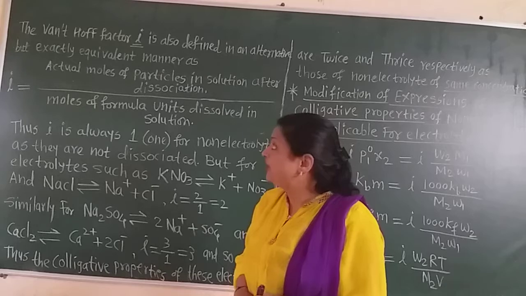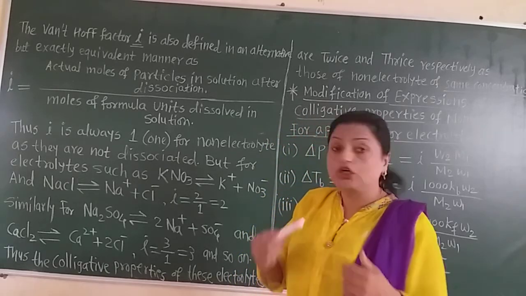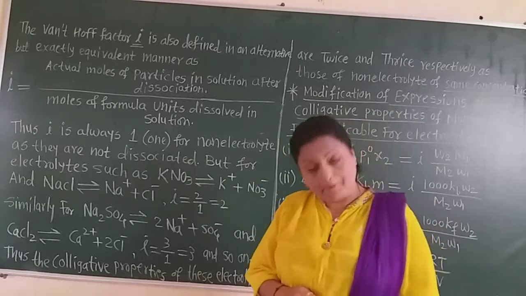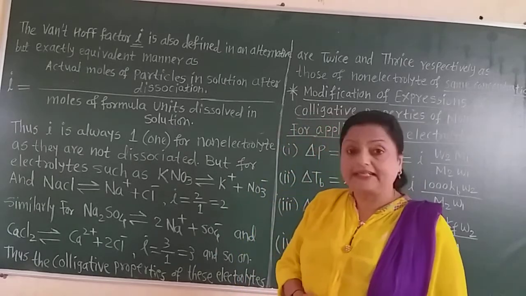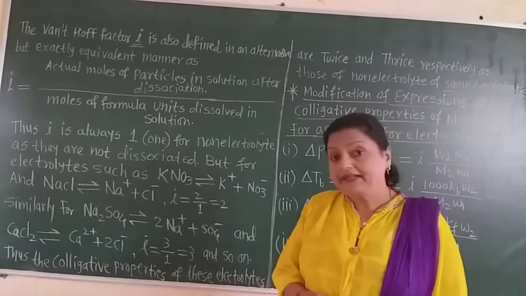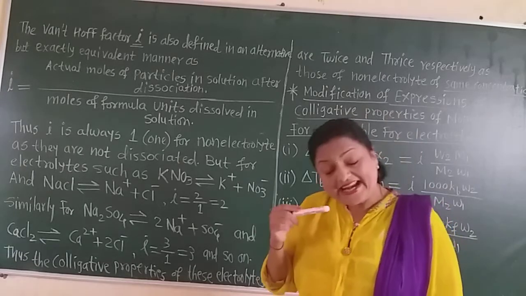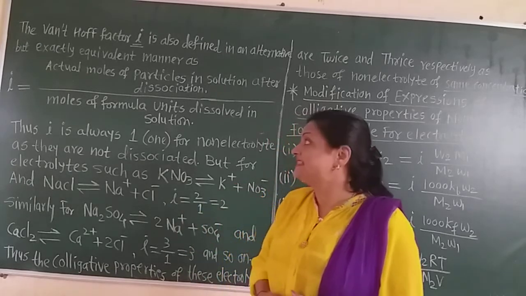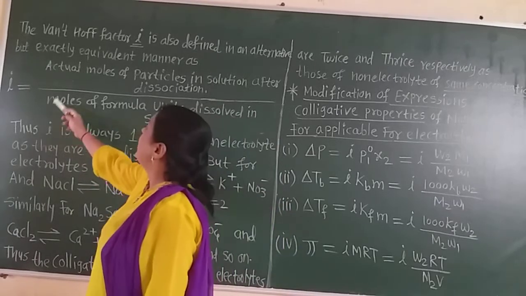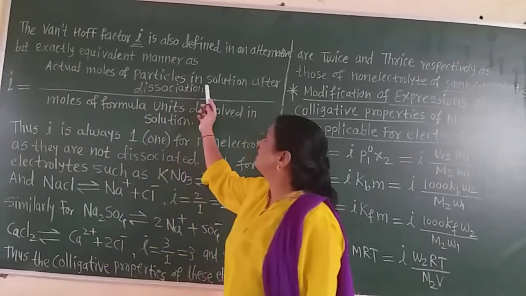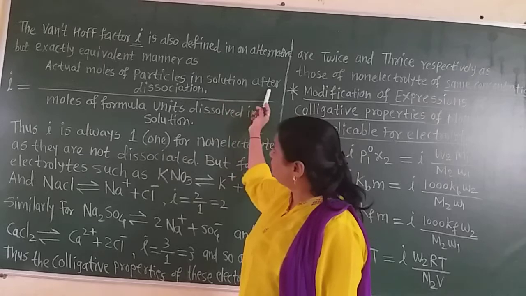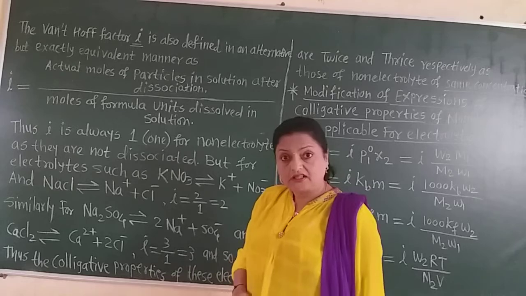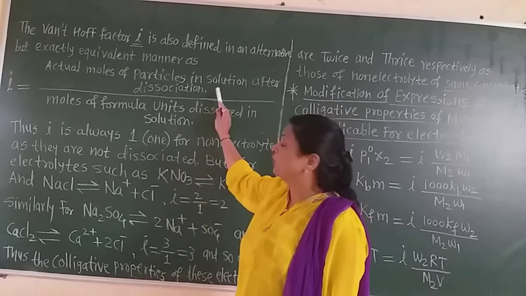Again, the Van't Hoff factor i is also defined in an alternative manner, and exactly that is the equivalent manner: i is equal to actual moles of particles in solution after dissociation of the electrolytes.